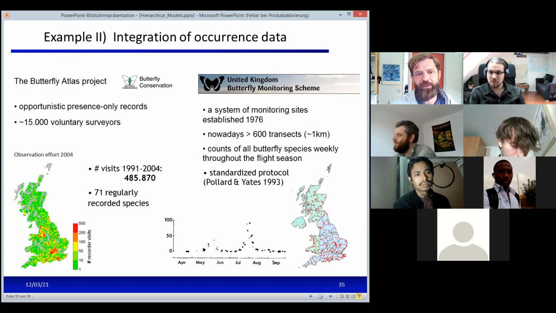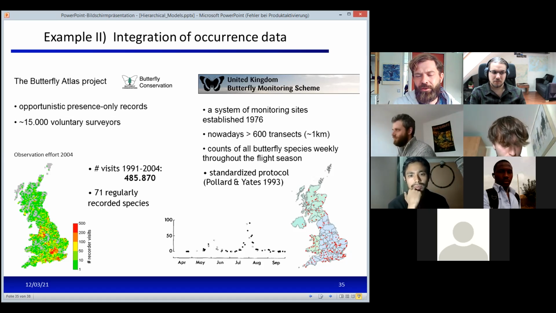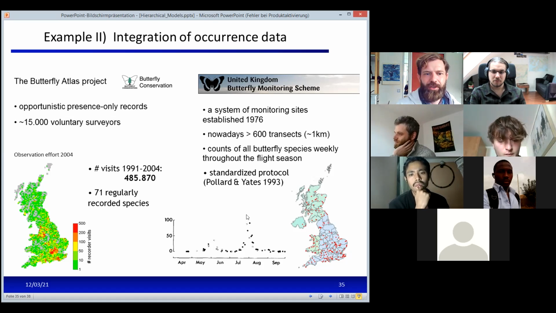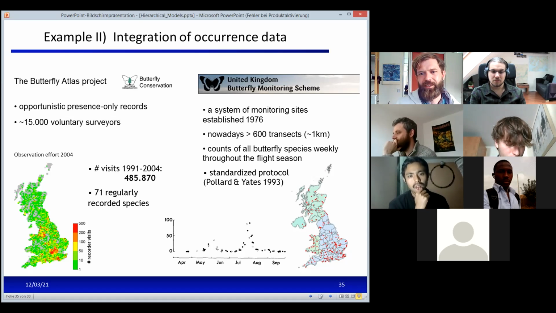And of course, you can include more predictors of sampling effort. There are also studies that use distance to roads or distance to cities as a predictor of sampling effort, and then try to include not only a model of spatial variation in the population density, but also a spatial model of variation in sampling effort.